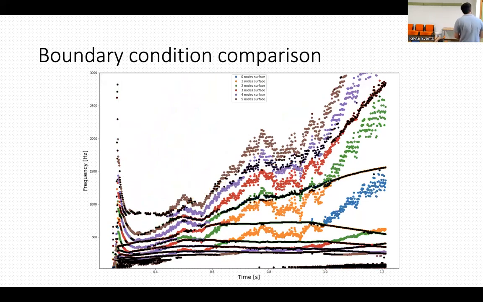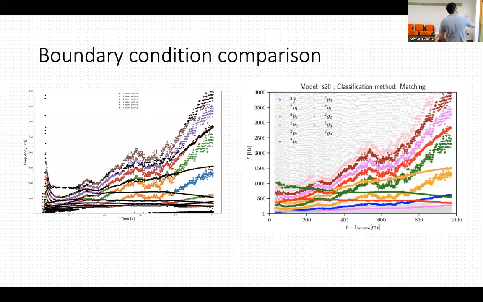Here is the same, but what I do is put as a black dot the coincident points between both calculations. So you see here, this mode and this mode and these other G modes correspond to the proto-neutron star.